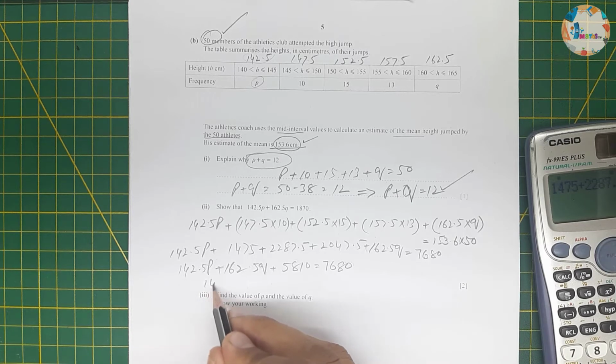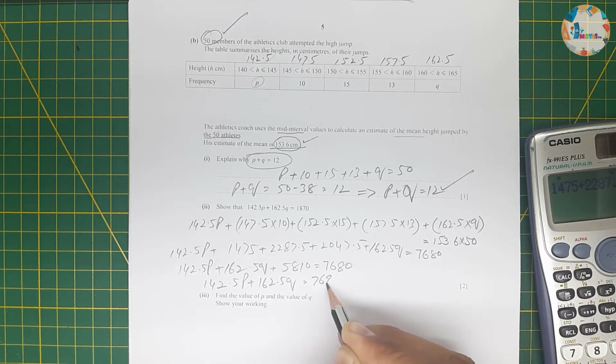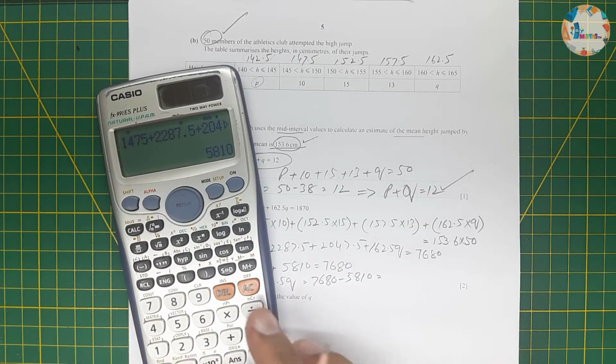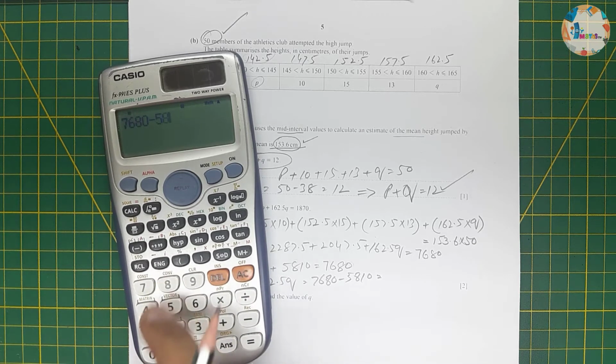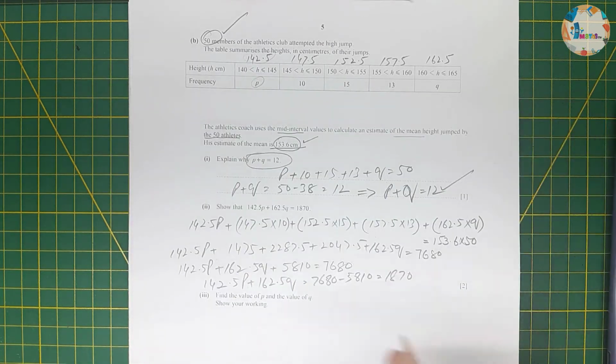Now we can write the final step: 142.5P plus 162.5Q is equal to 7680 minus 5810, and if we subtract this, 7680 minus 5810 gives us 1870, and this is the same equation which we needed to prove, which we have done.